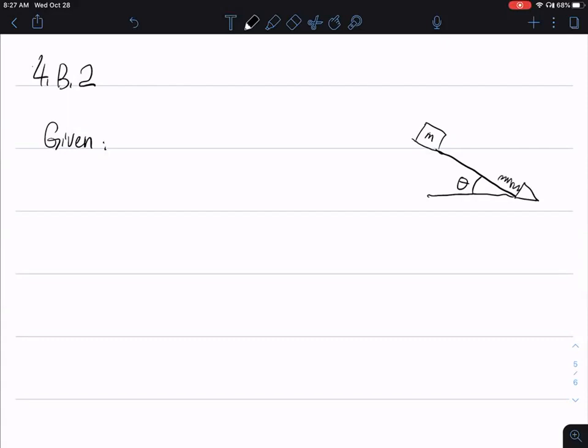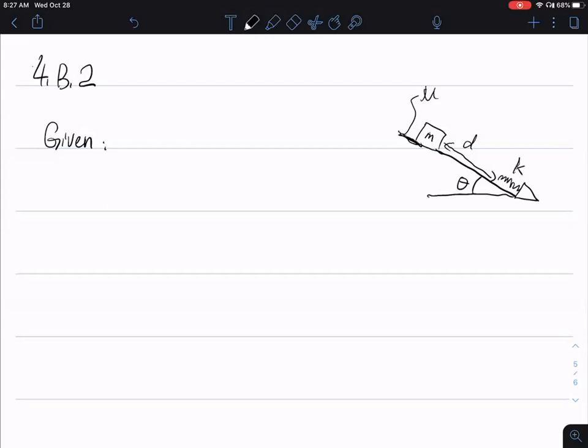The distance from this block m to the spring is d. We know the distance and we know the mass. We also know the surface friction coefficient, which is mu. We know the spring constant, which is k.